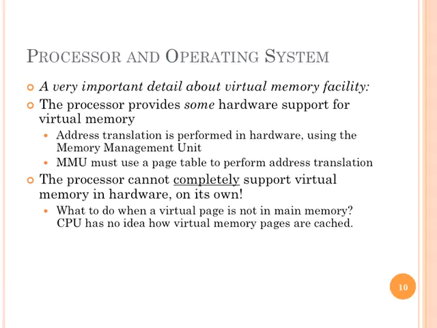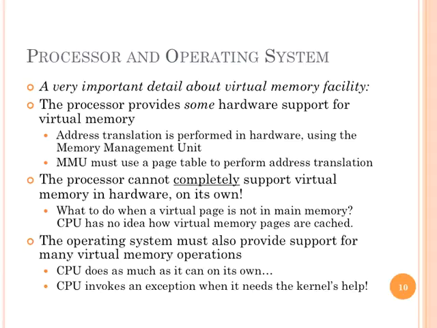What if that valid bit is 0? What do I do? I don't know. I don't know how the operating system is written. So the CPU can't do anything by itself to resolve that. So the OS has to provide the appropriate interrupt handlers to handle faults and other issues that arise when the MMU says, I'm sorry, I'm unable to complete this operation.